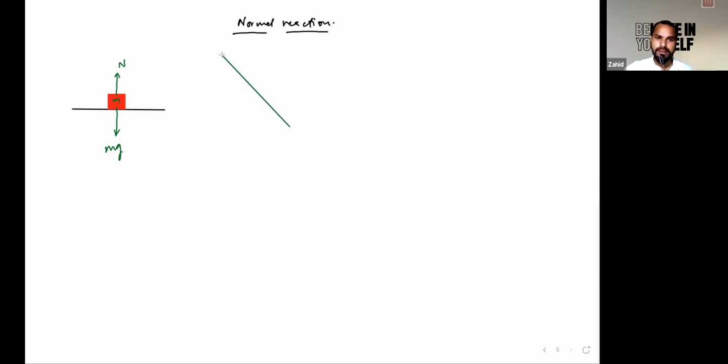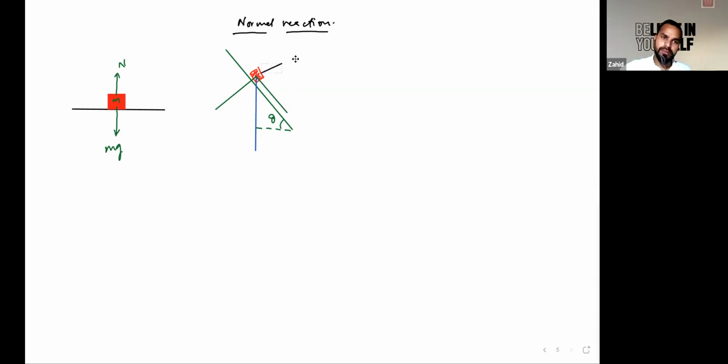Let there be an inclined path having some inclination theta with respect to the horizontal. Let's say you have a block at this point with mass m. It will experience a vertical downward force, which will have two components, one perpendicular to the surface and the other along this line.